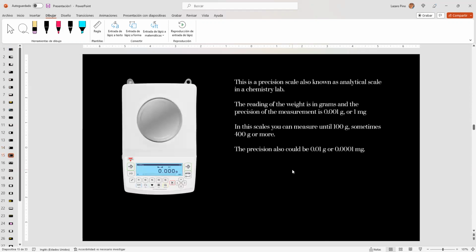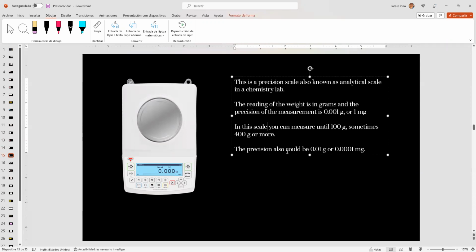This is a precision scale, also known as an analytical scale, used in a chemistry lab. The reading of the weight is in grams and the precision of the measurement is 0.001 gram or 1 milligram. In this scale, you can measure until 100 grams, sometimes 400 grams or more.